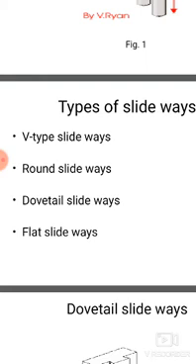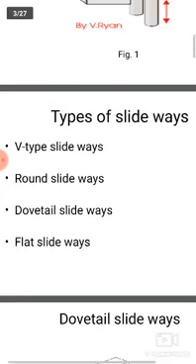The first one is V-type slideways. What is that? These are the advantages of V slideways. First, because of the automatic adjustment due to gravity action, the surfaces are kept in contact.